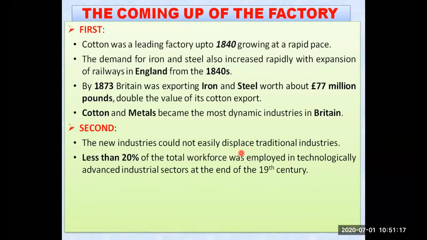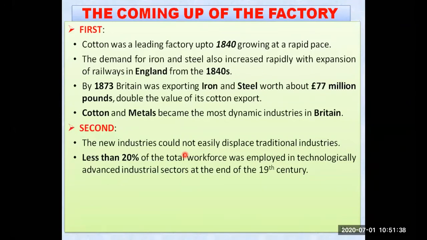Less than 20% of the total workforce was employed in technologically advanced industrial sectors at the end of the 19th century. Suppose there are 100 workers who can work in factories or industries.